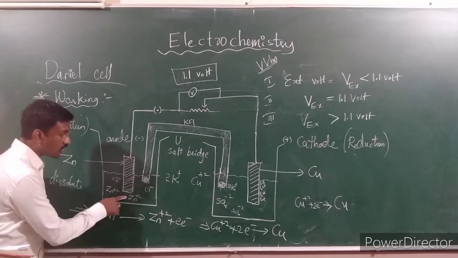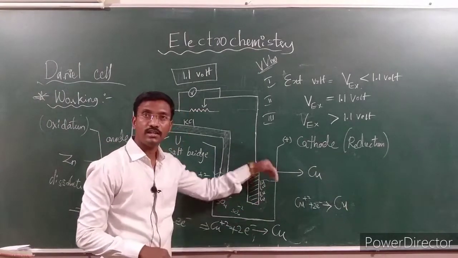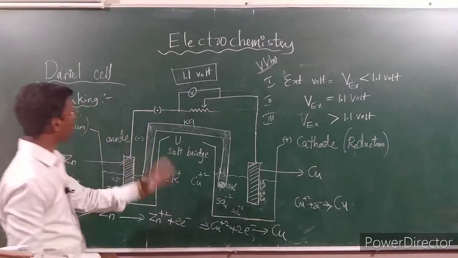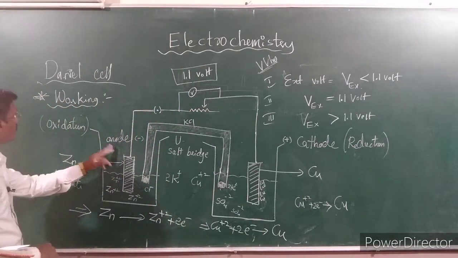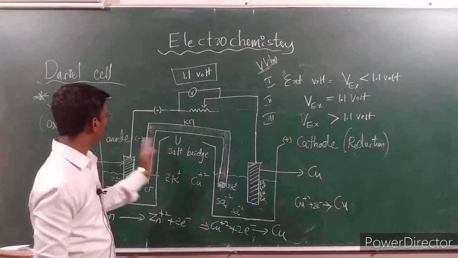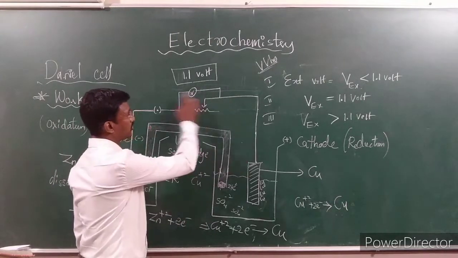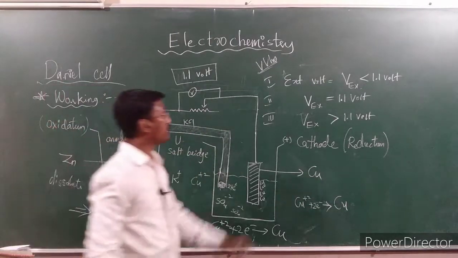Zinc does not dissolve, zinc deposits. The copper dissolves, and every reaction is reversed. Zinc undergoes reduction, copper undergoes oxidation, current moves from zinc to copper, and electrons move from cathode to anode.